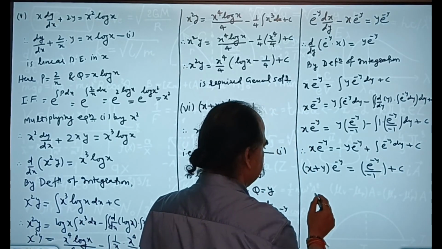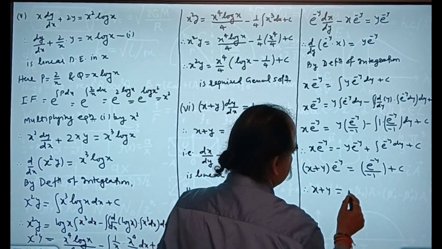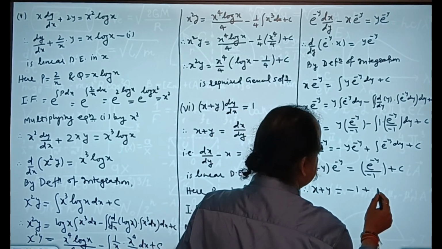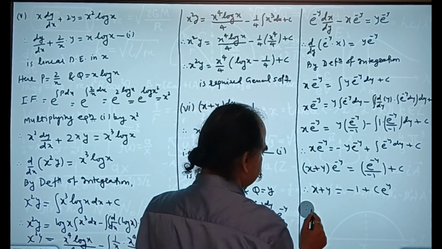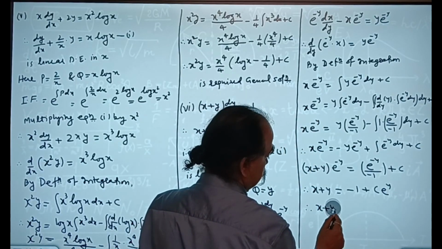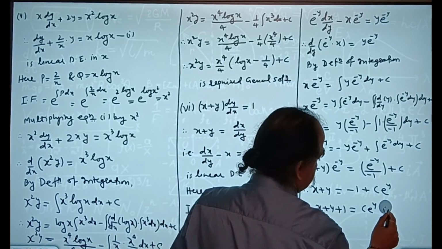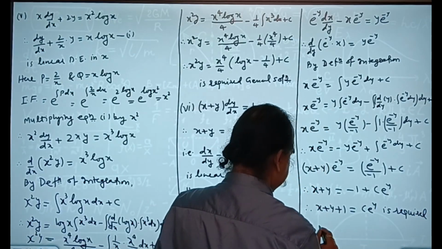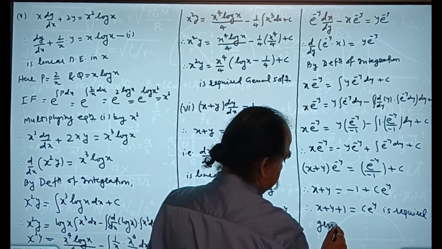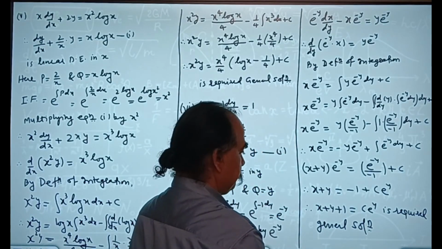Divided by e raised to minus y, so x plus y is equal to minus 1 plus c e raised to plus y. You can bring 1 on this side. This is the required general solution.